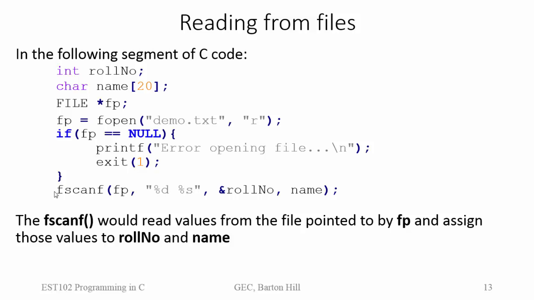That we will see when we are using the fprintf statement. For now, just understand that for reading data we can use the fscanf function. This fscanf function will read data from the file and it will give the first data to roll number and the second data in that particular line to name. So that you have to remember.